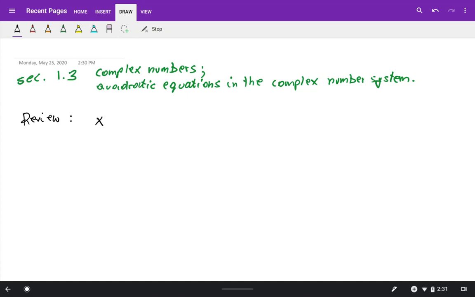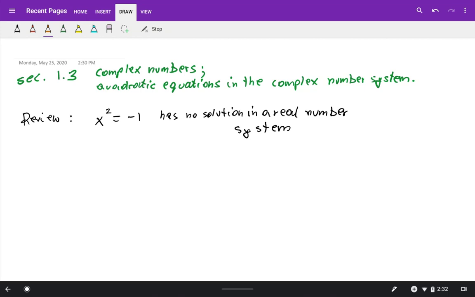You guys know that something like this, x squared equals -1, has no solution in the real number system. Okay, so we cannot solve it because, again, any number squared has to be always positive.